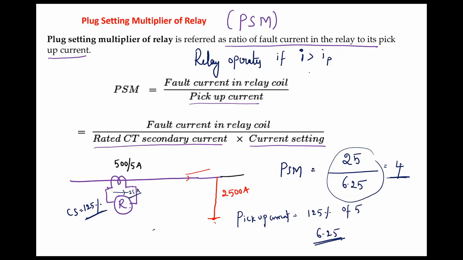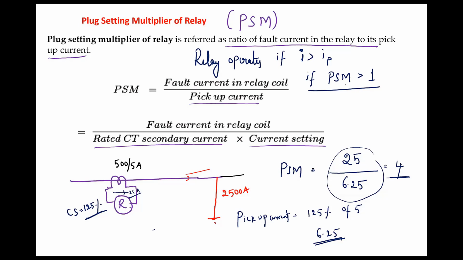The same thing we can convert: if PSM is greater than 1. So when will PSM be equal to 1? When fault current through the relay coil and pickup current both are the same. When both are the same, then your PSM value is 1.